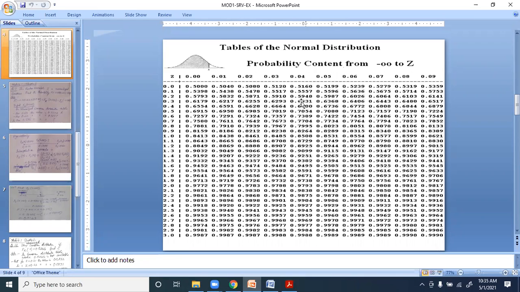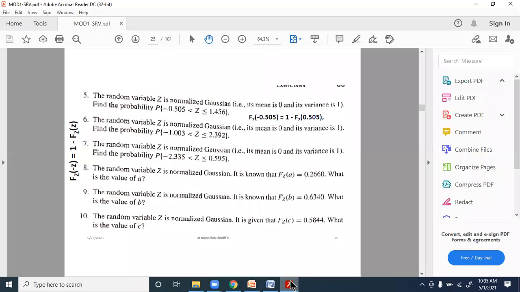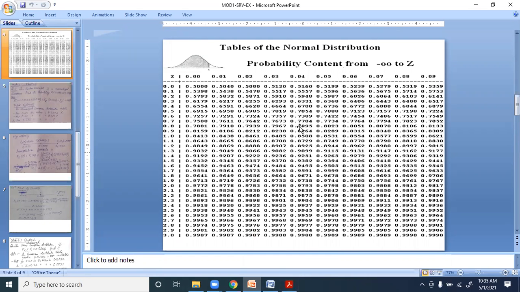So this is your Z1 and this is your Z2. Your value of B or C, whatever we have written there, is 0.6340, and it is between these two.